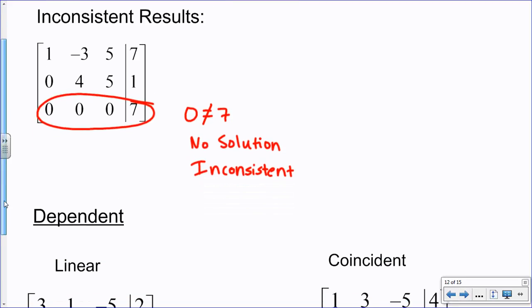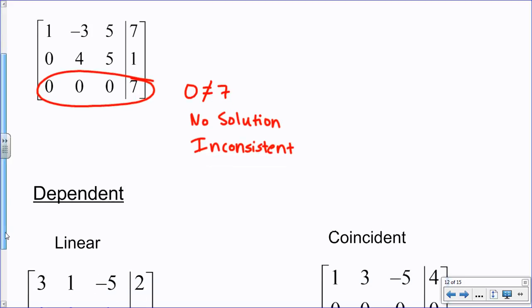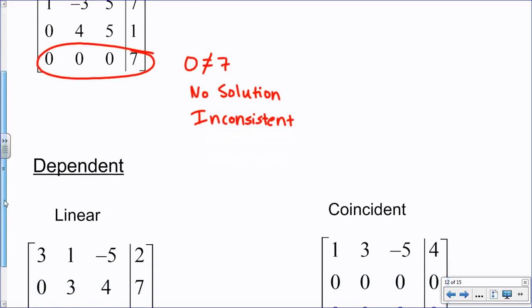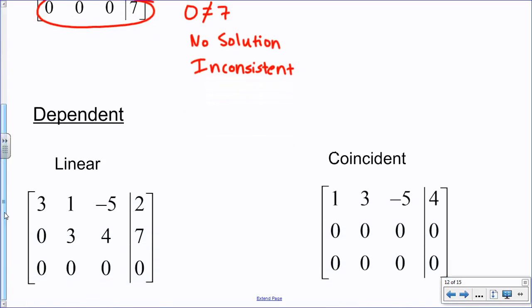Sometimes you get infinitely many solutions if all your variables cancel. And because there are 3 variables, there are 2 types of infinitely many solutions. You have linear dependent and coincident dependent.